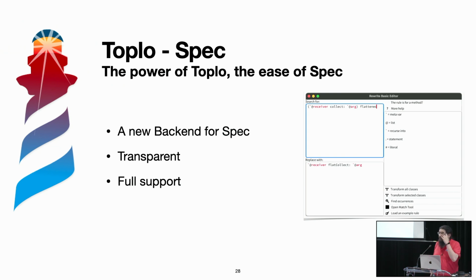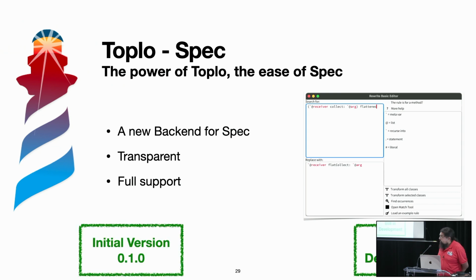The idea is to support 100% of the presenters that we have in Spec. As we know, Spec has some features that depend on the backend, so we are also going to expose all the features that are present in Toplo. But maybe it will not be portable when you want to use the same application in Morphic, Toplo, or any other backend.